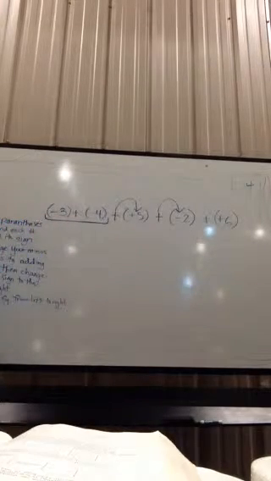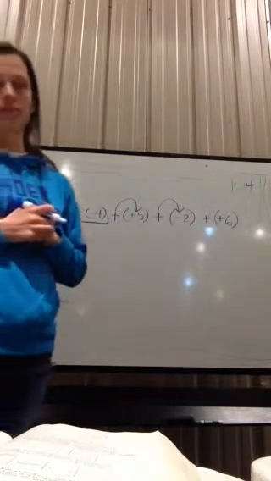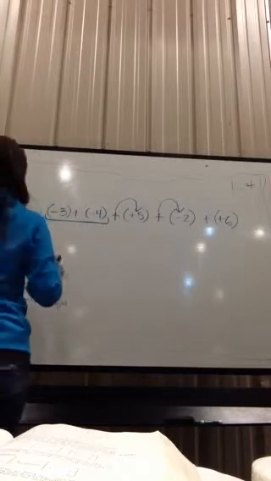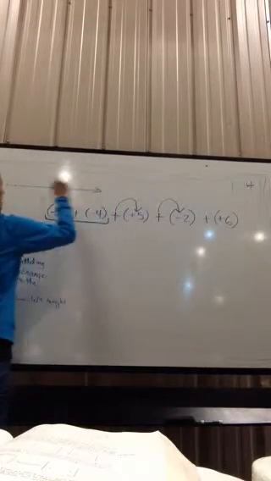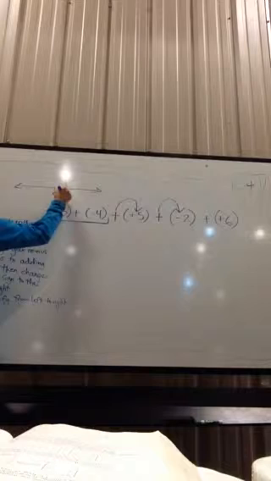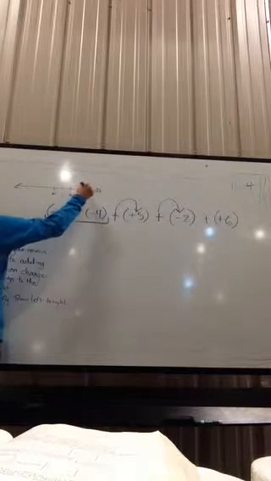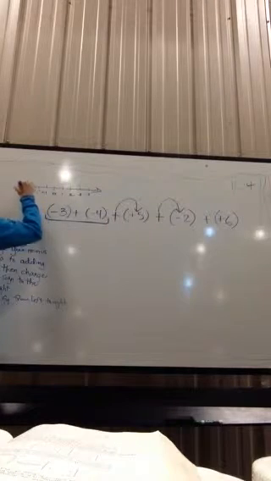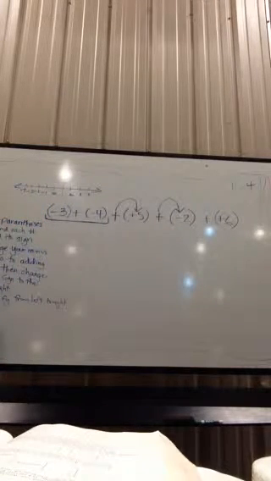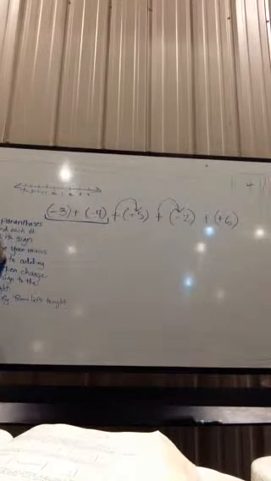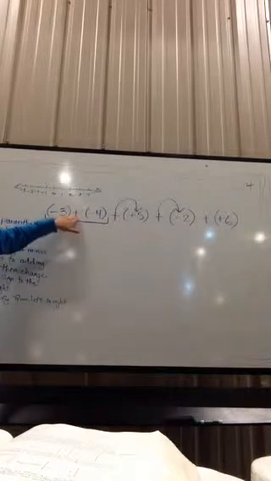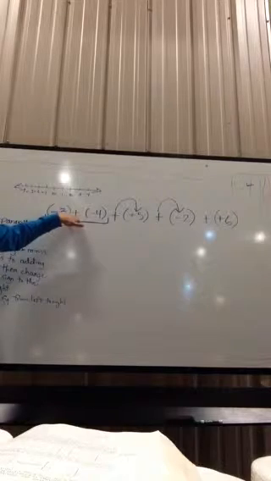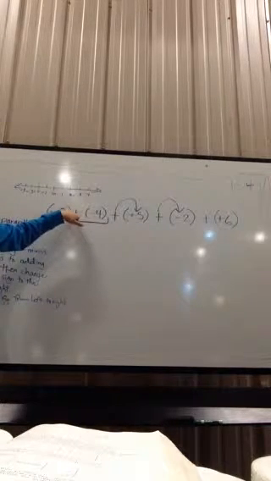I so wish y'all knew those rules. If I had a number line, these are going to take a while for you to do with a number line. You can just do it in your head if you know how. Only when you change the minus to a plus do you change the sign to the right.